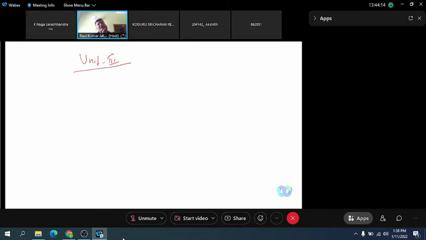Then we divide the response into transient response and steady state response, and with the help of a few characteristic parameters, we describe the behavior of the system. Right, up to that particular point is what we have seen.